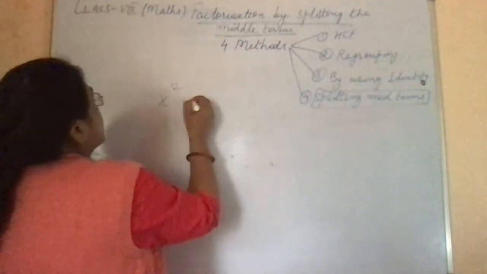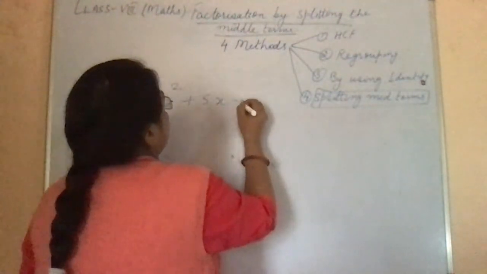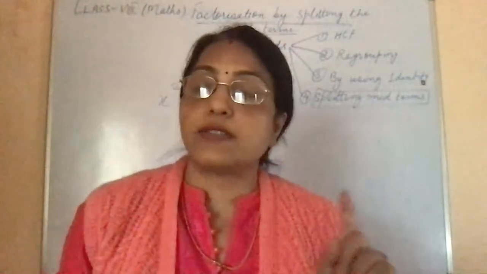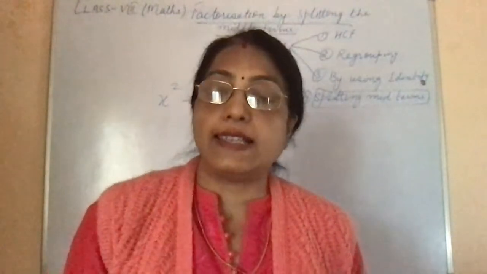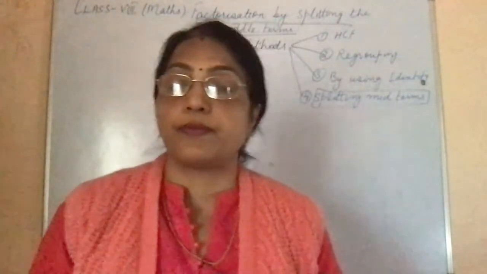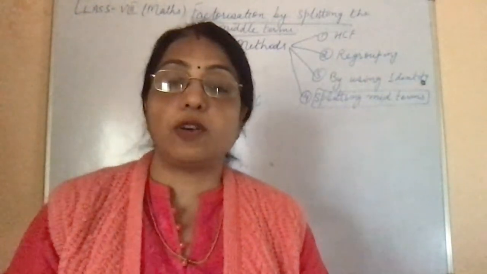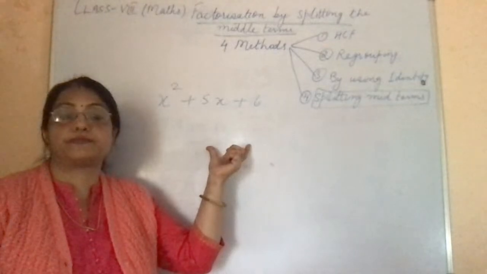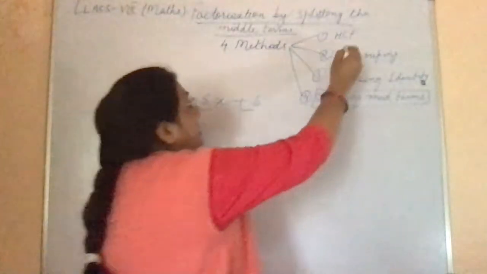Suppose I write x square plus 5x plus 6. First method we have done is HCF. Can you take out anything common from x square plus 5x plus 6? No, so we can't apply this one.